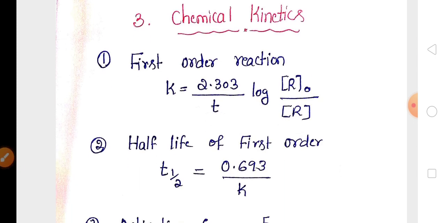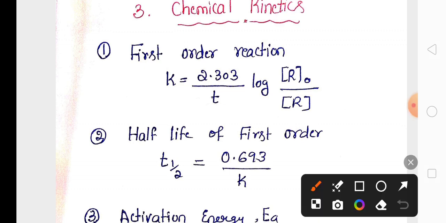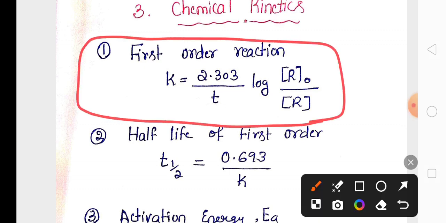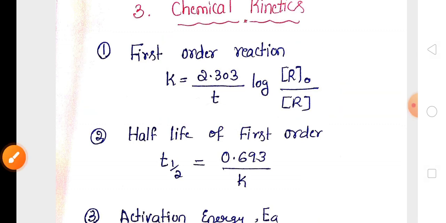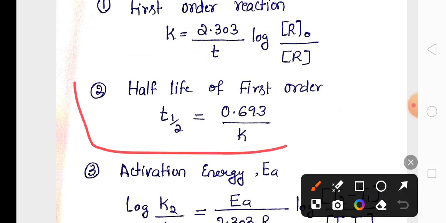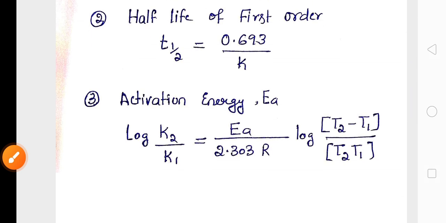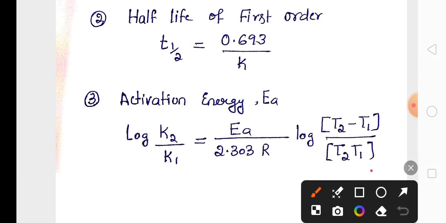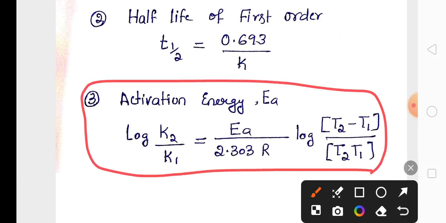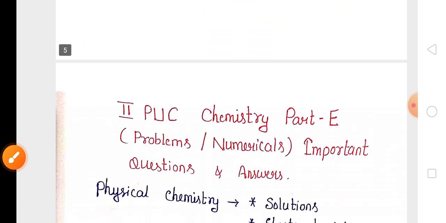From this chapter, you will get numericals related to first order kinetics or its half-life, or another important formula to find the energy of activation Ea. These are the important formulas from these three chapters.